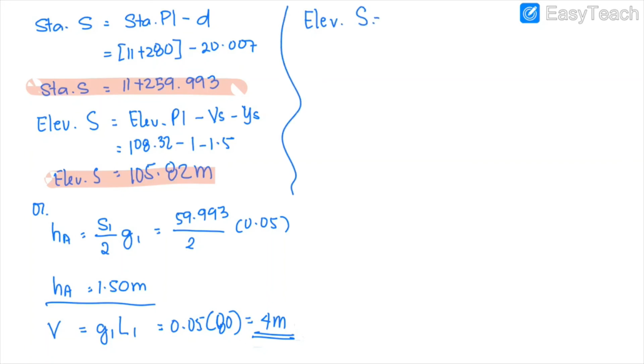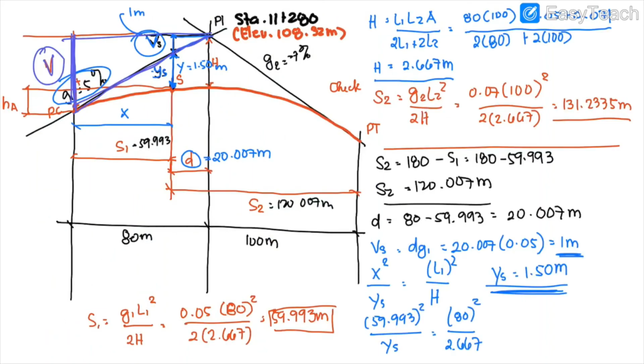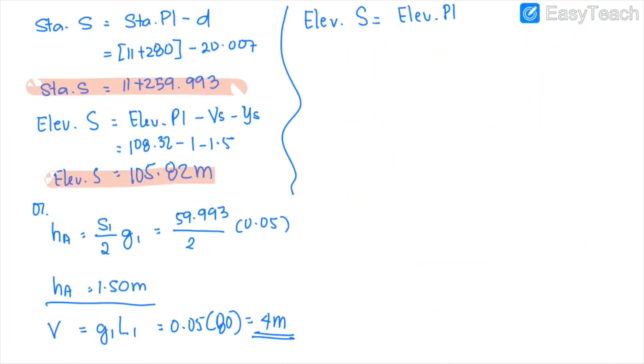So how are we going to determine the elevation S? Elevation S is basically the elevation of the point of intersection minus the vertical distance plus HA. Elevation of PI is 108.32.